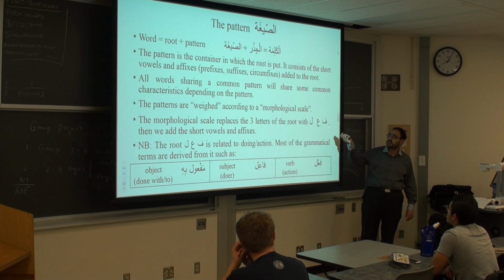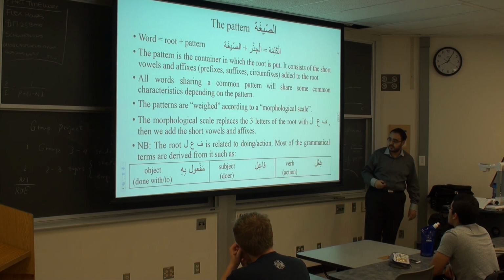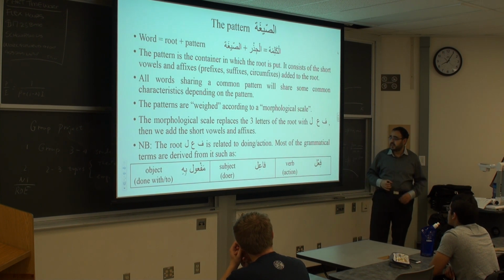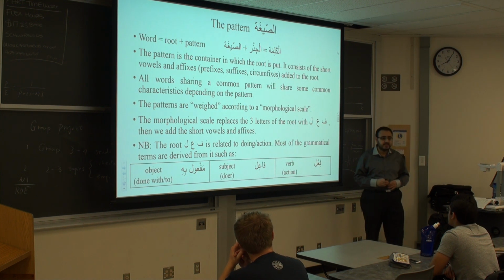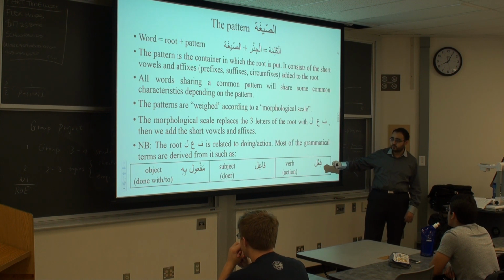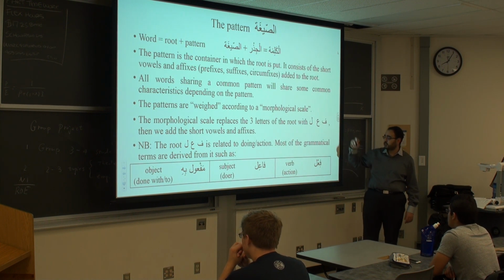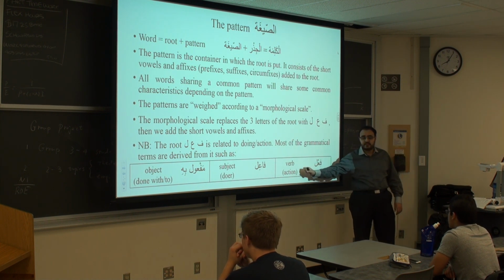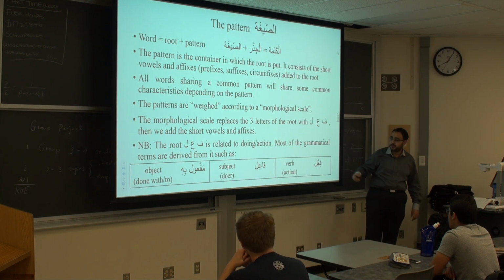And these three letters are a root themselves, so this root has to do with action or doing, and most of the grammatical terms will be derived from this root. So for instance, فعل, grammatically it's verb, literally it's action.